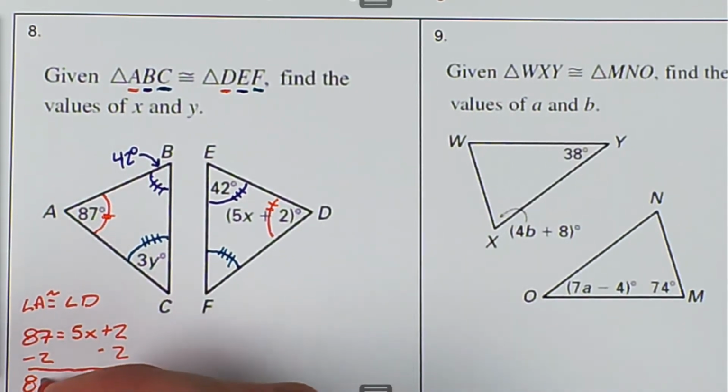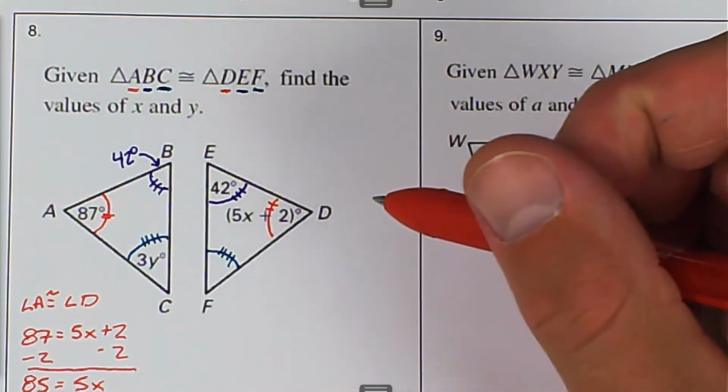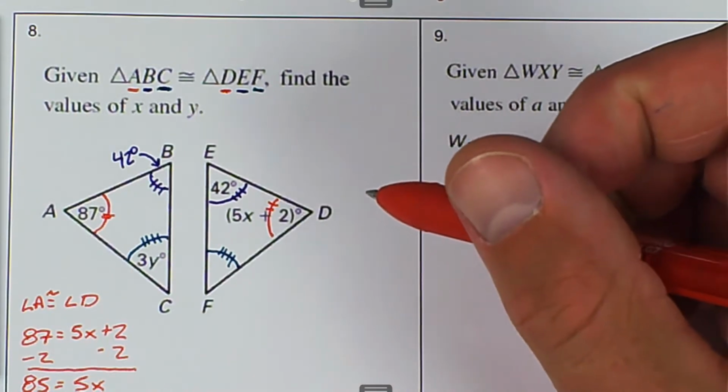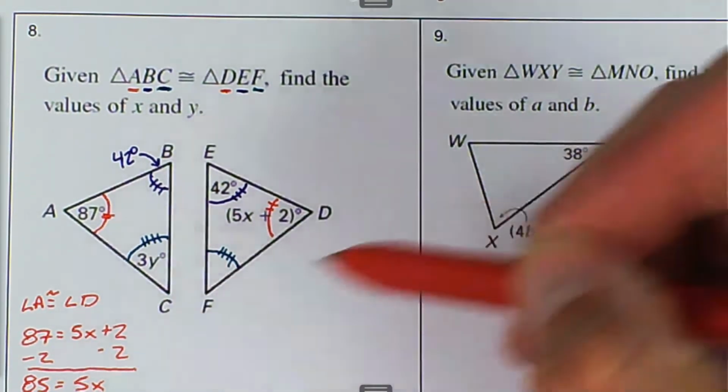And then we get 85 is equal to 5X, and then we divide by 5, and then we get 17 is equal to X. So that told us what our value of X was equal to.